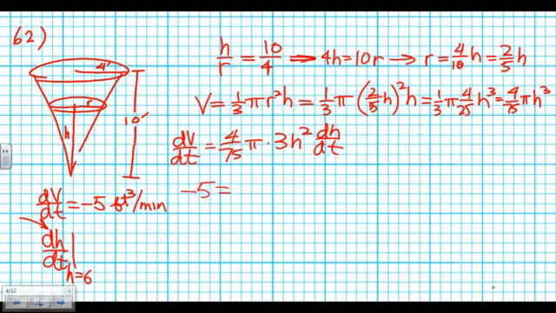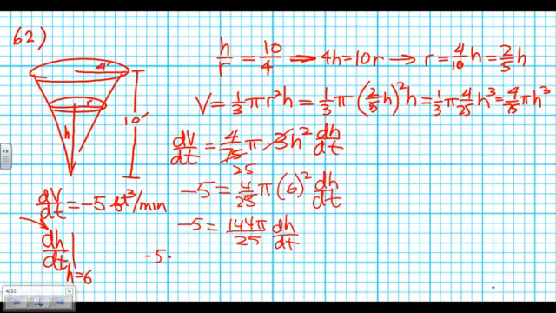Plug and chug. 4/25 pi, h is 6, squared, dh/dt, or -5 is equal to 36 times 4. 6 times 4 is 144 pi over 25, and that's dh/dt, and then -5 multiplied by 25 over 144 pi.